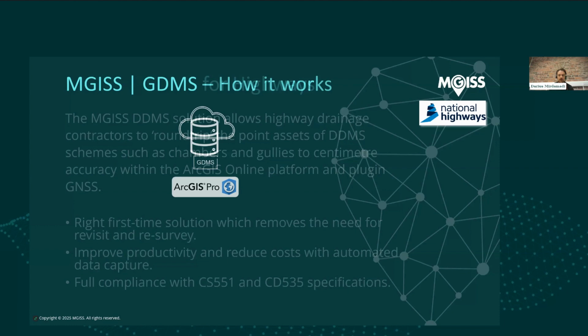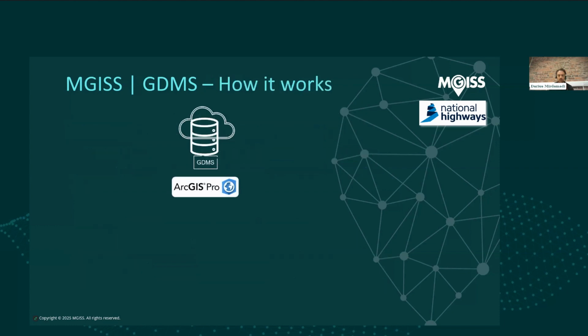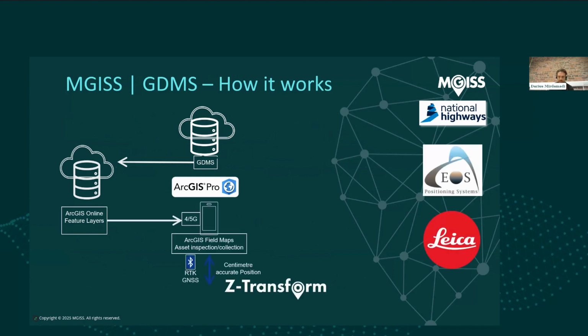So how does it work? So we built a bespoke ArcGIS Pro toolbox to round trip the data in 3 steps. 1, our upload tool takes a shapefile from GDMS system, formerly known as Adams, up to ArcGIS Online. Step 2, our custom field forms and GNSS hardware support enable centimeter accurate field inspections.